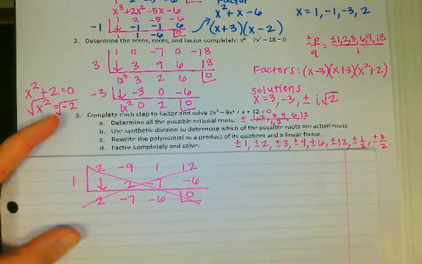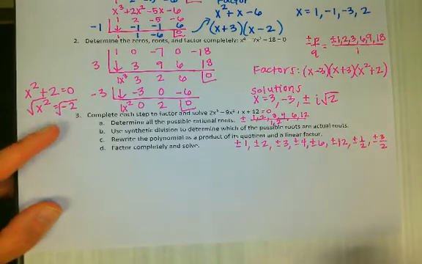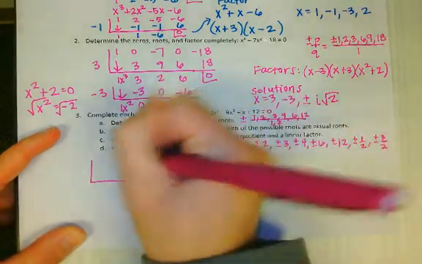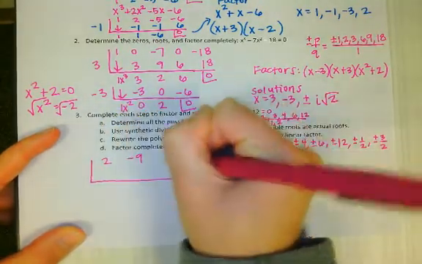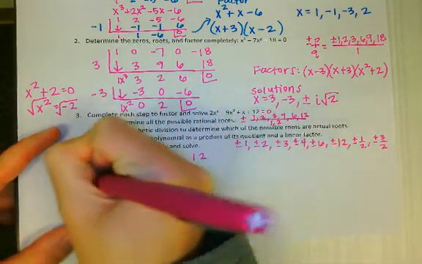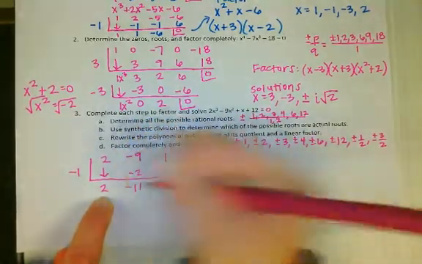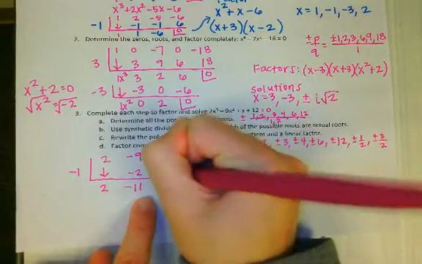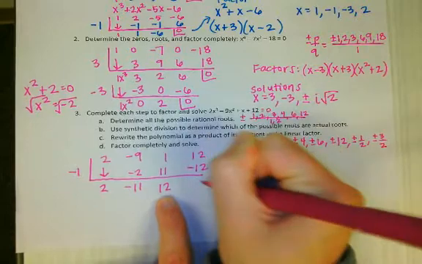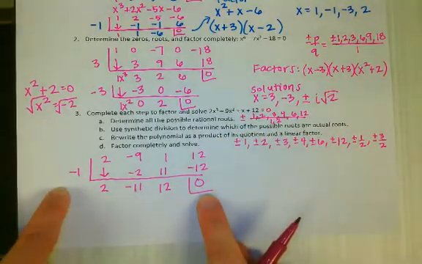Okay, so I'm going to move on to -1, and again, since I've previously done these questions, I have confidence that I could put this one on my paper. Okay, so now if I try -1, -2, add straight down, multiply, I get 12, and that's good because 12 plus -12 will leave me a remainder of 0.